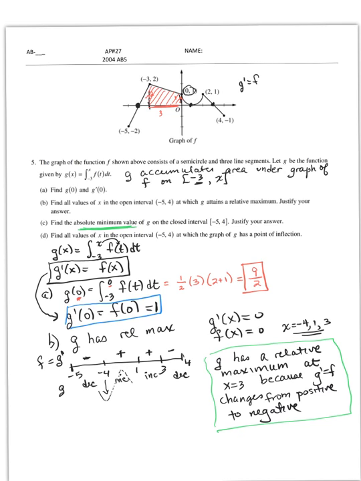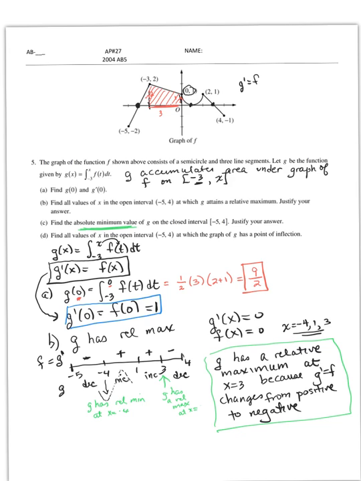So again, these are still our critical values, -4, 1, and 3. But since we did a number line analysis of the sign of the derivative of g, we know that at x equals -4, g has a relative minimum. G has a relative maximum at x equals 3. Sorry, I meant to say 3 there.